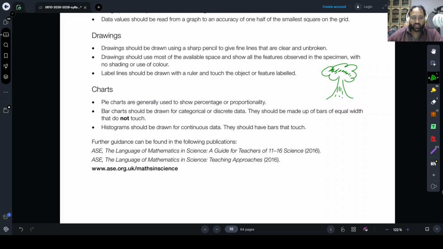Label lines should be drawn with a ruler and touch the object or feature. So for example, this is the trunk, and the text of the labeling is always horizontal. And this is the canopy.